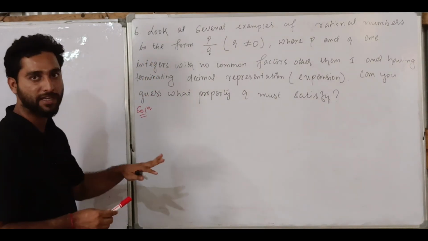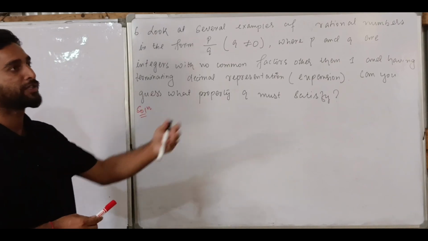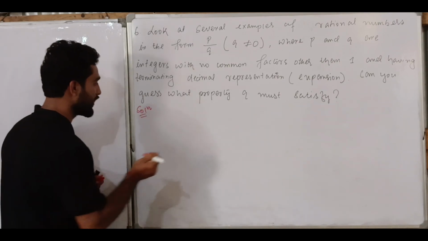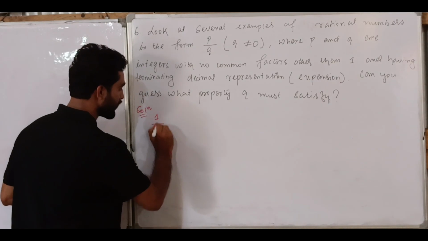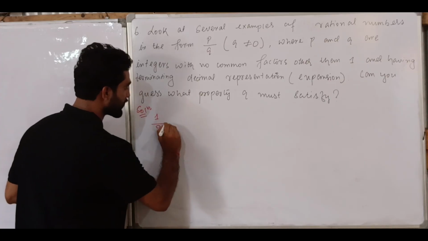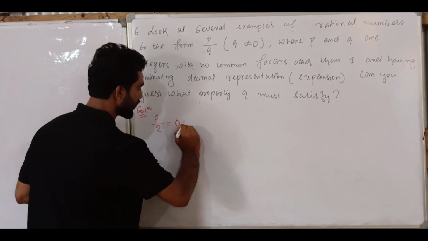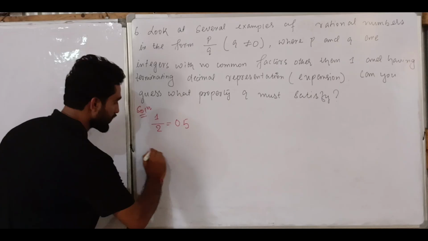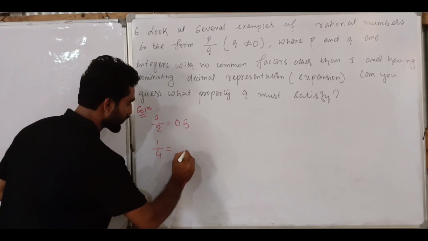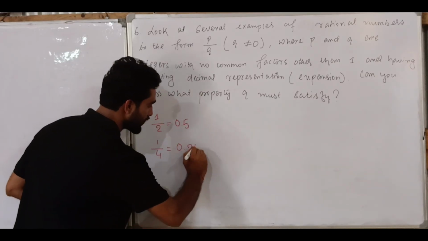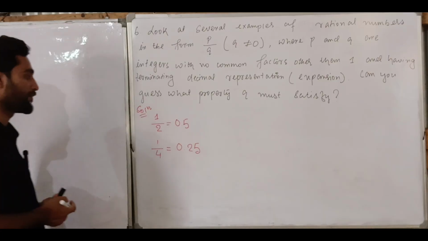First let's write some examples of rational numbers which will have the terminating decimal expansion. Let's suppose I write 1 by 2. The decimal expansion of 1 by 2 will be 0.5. If I write 1 by 4, this will be 0.25.